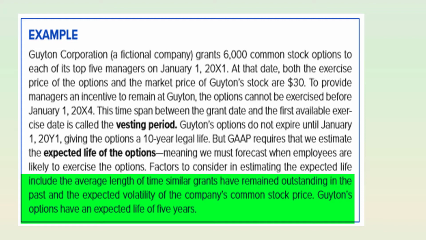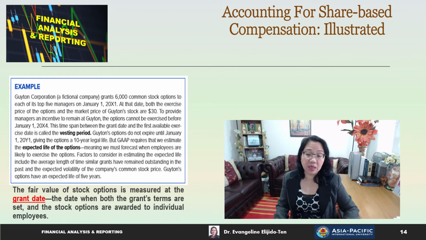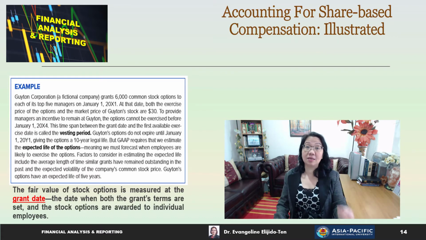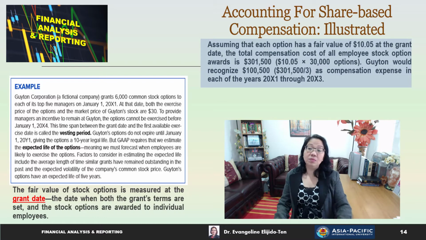So Equity-Ten's options have an expected life in this example of 5 years. The fair value of the stock options must be measured at grant date. That is the date when both the grant's terms are set and the stock options are awarded to individual employees. So, assume that each option has a fair value of $10.05 at the grant date.